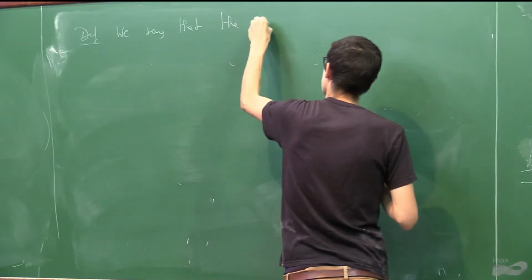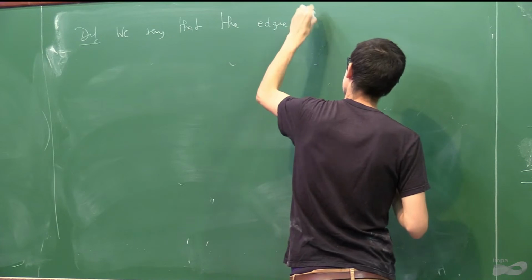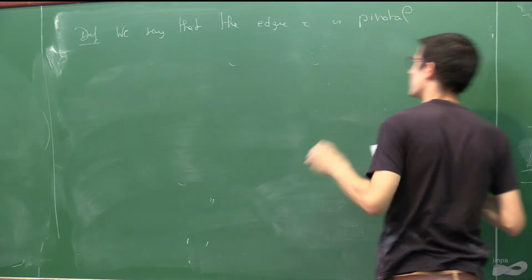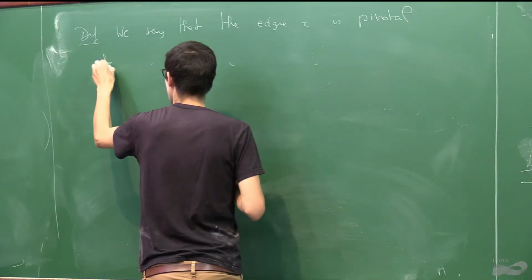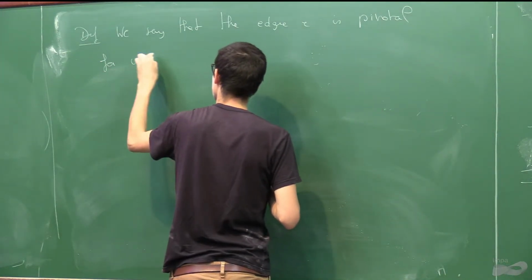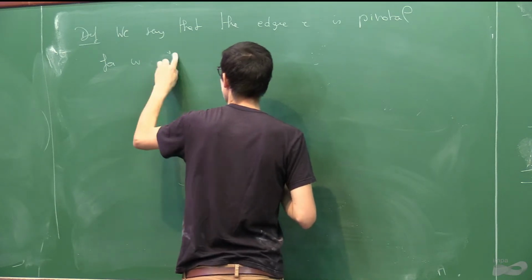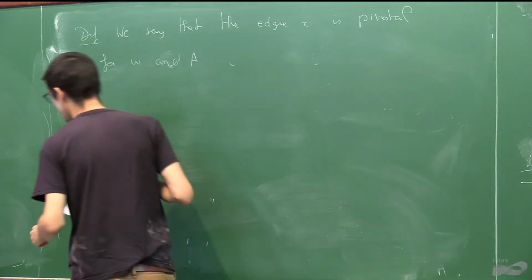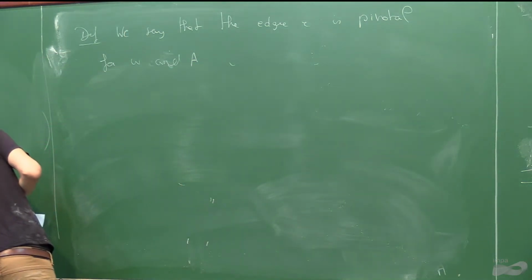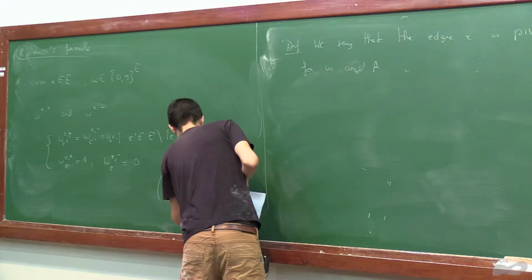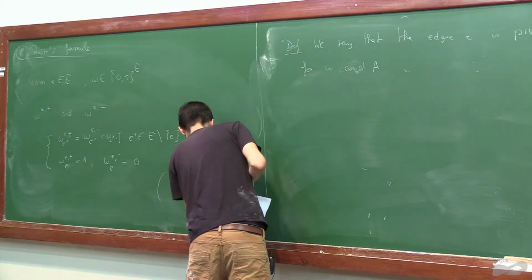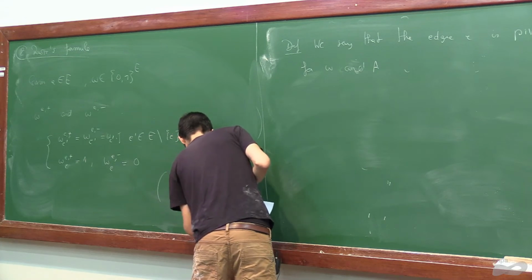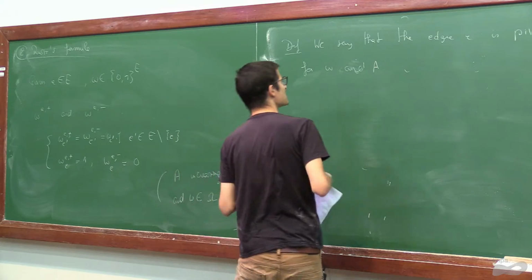Now we say that the edge E is pivotal for omega and A. In the definition I have A increasing and omega in Omega, which are fixed.